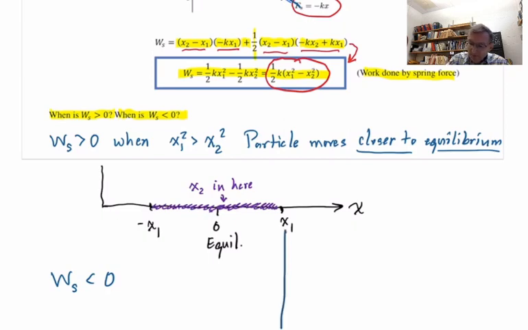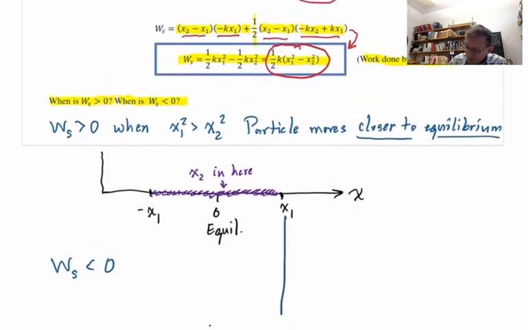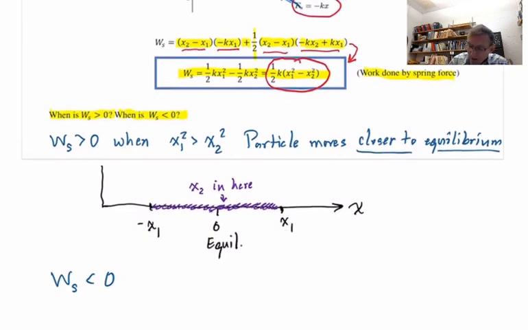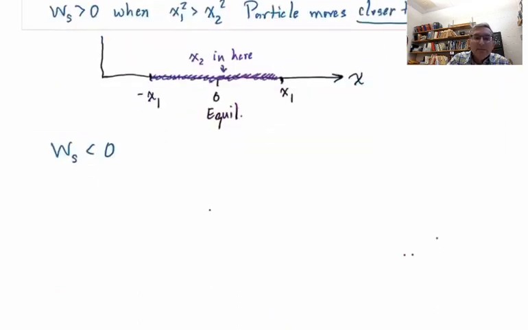Oops, pardon me. Line there I don't want. So I get a negative value for the work done by a spring force when x1 squared is smaller than x2 squared.